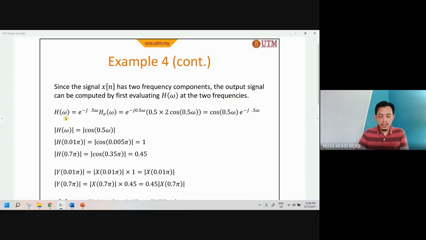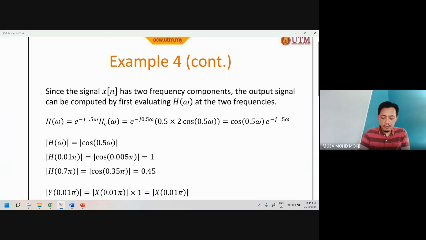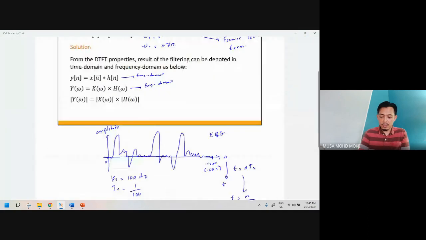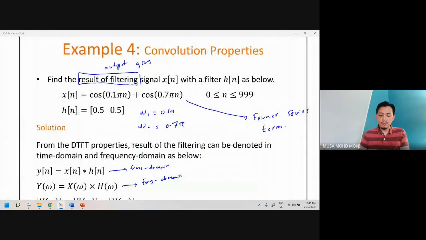So H(omega) is actually equal to e^(-j0.5omega) times H_e(omega). How do we get this? Let's go back here. We have 0.5, 0.5.